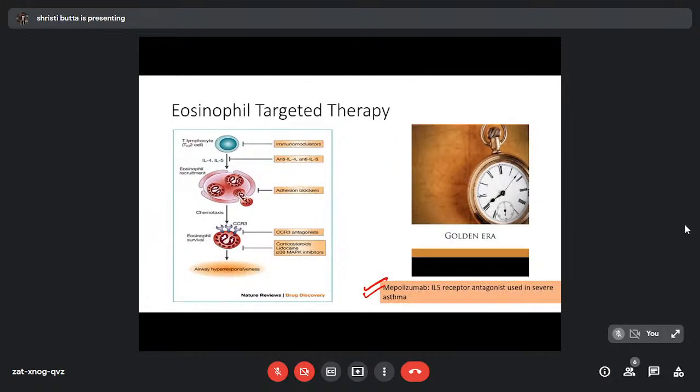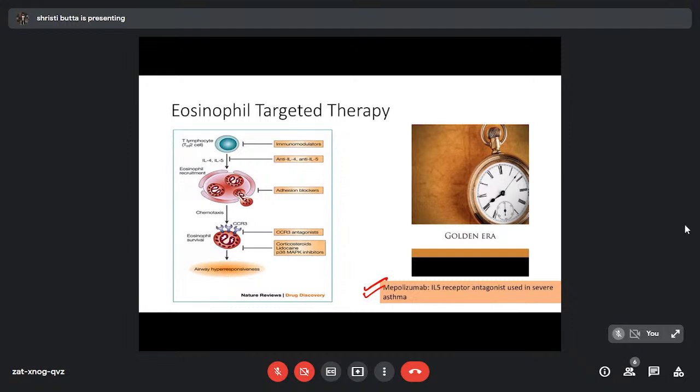You can also use adhesion blockers, CCR3 antagonists, corticosteroids, lidocaine, and P38 MAPK inhibitors, which will all allow for reducing the airway hyperresponsiveness. So this seems to be a new era of eosinophil targeted therapies.